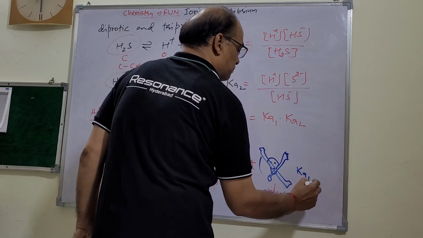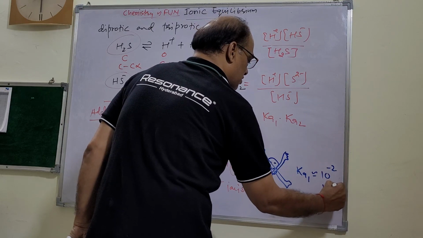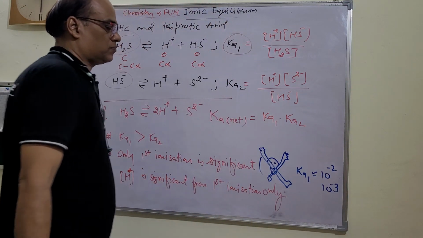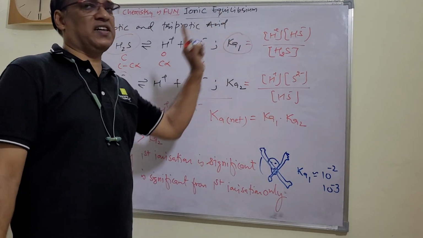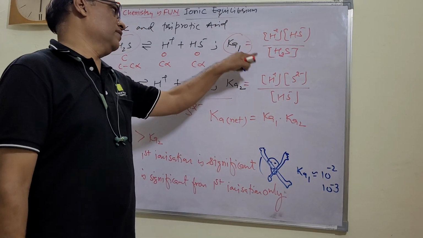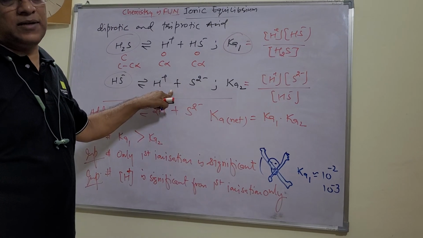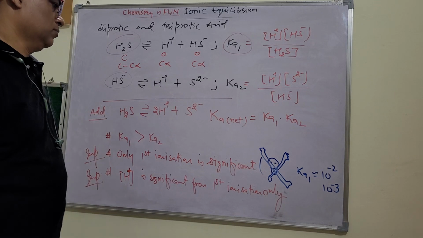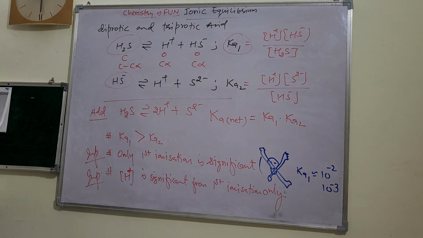Ka1 nearly 10 to the power minus 2, 10 to the power minus 3. It is danger. Okay. We have to go for quadratic solution for the first step only. Then we can decide what are the concentrations for the second step. Understood? So now I am erasing it. I think sufficient time is given to note it down.